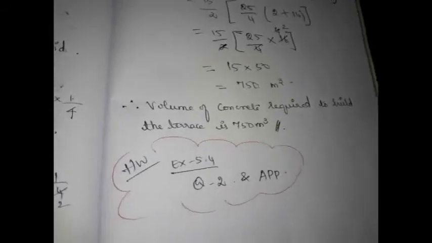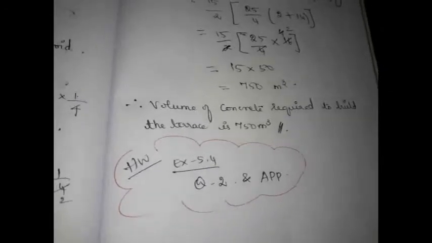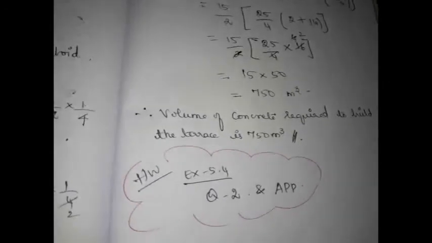More or less all the methods we have covered from the NCERT itself, but still I wanted to check your ability in the chapter, so I wanted to give you more problems. Do it by your own. If you have any doubts, ask me, I'll clarify it. So I'll post the additional problems in the group. Along with question number 2 in exercise 5.4, you have to do those problems as homework.